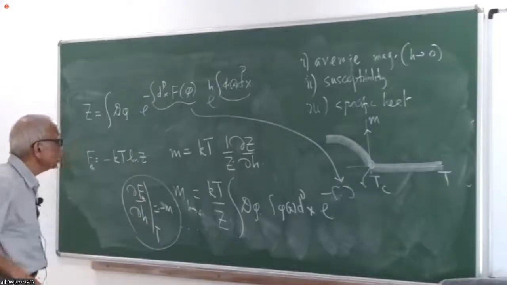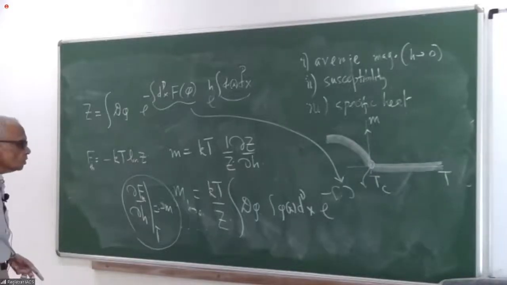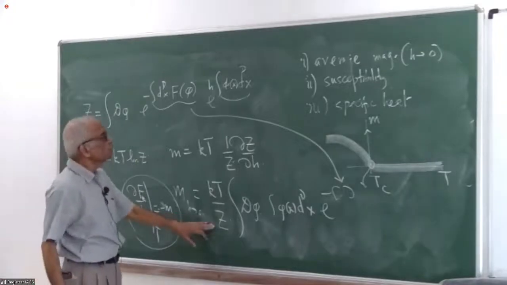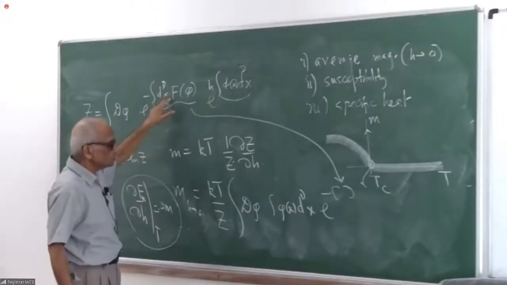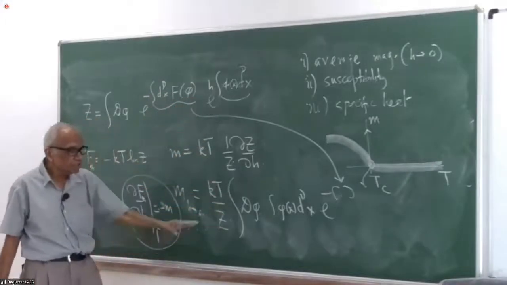So only that part over there, and the Z over here is also in the limit. So this is all in the limit.